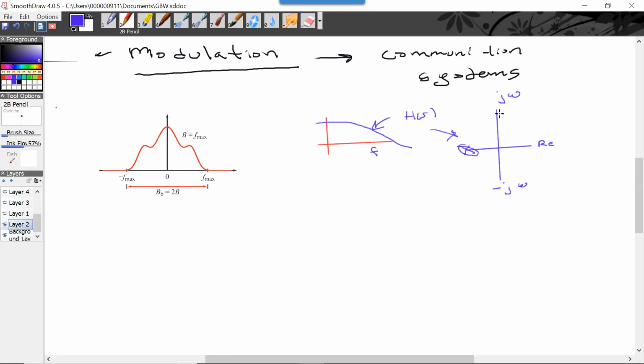But in Fourier, you are really only along this omega axis, because everything is a cosine. With a Fourier expansion, you can take any periodic signal and turn it into a sum of sines and cosines.